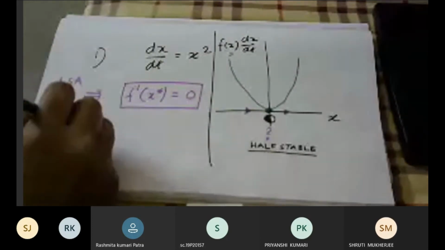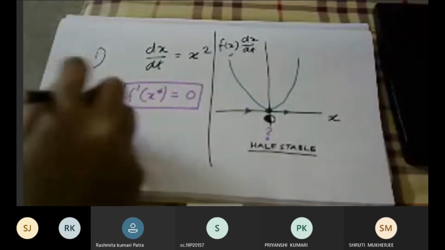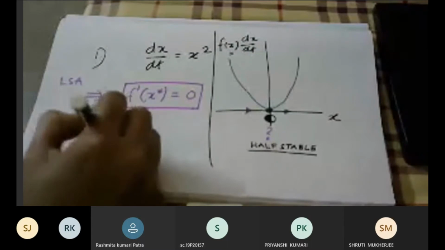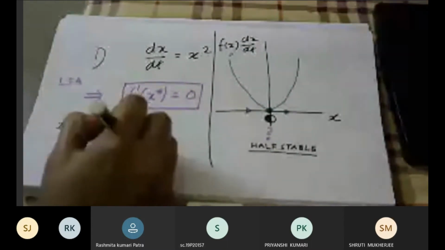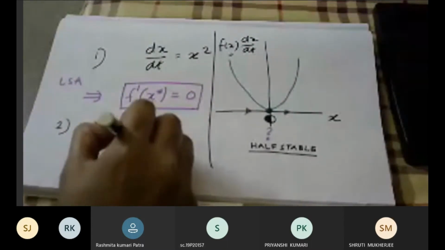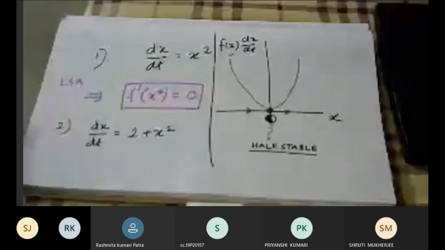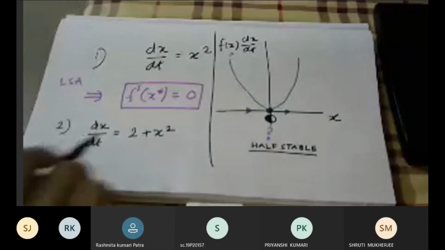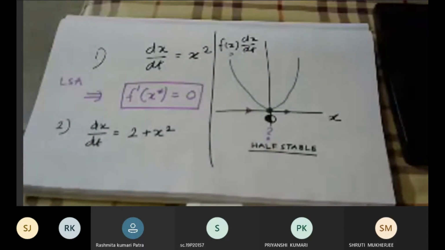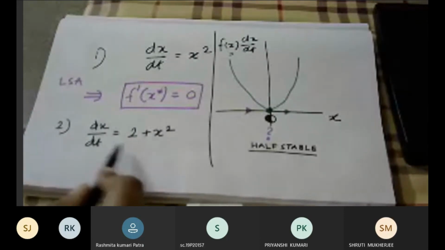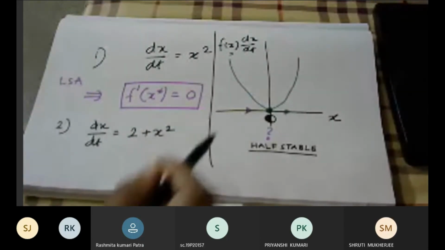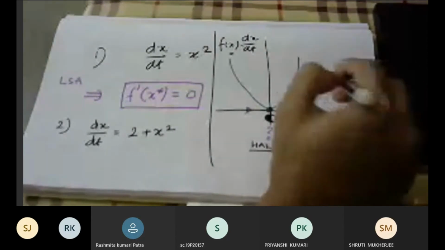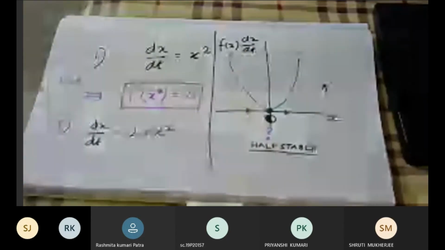So if I change this equation to a little bit different equation, dx/dt equal to say 2 plus x square, then what will be the scenario? If it is 2 plus x square, then this entire curve that we have here will shift up, right?